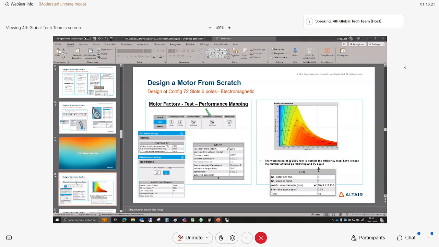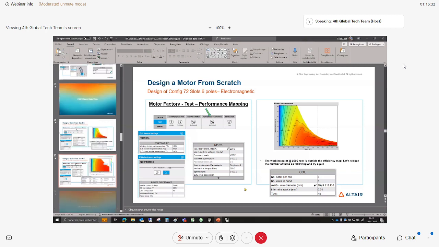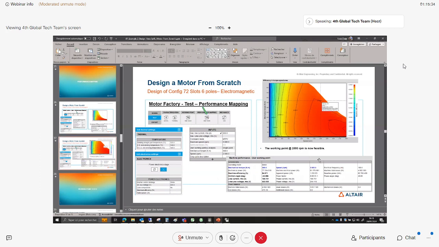And with this configuration, if we increase the number of turns, you have to modify the number of wires in hand, otherwise you will not be able to fill the slot. Once we did that, with this new winding, we can see that now this machine can reach the working point and can reach the maximum speed of 3000 RPM.